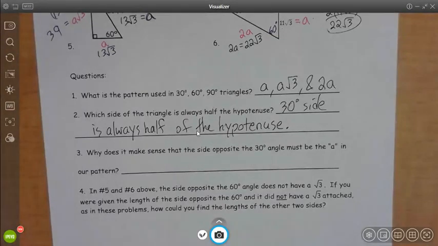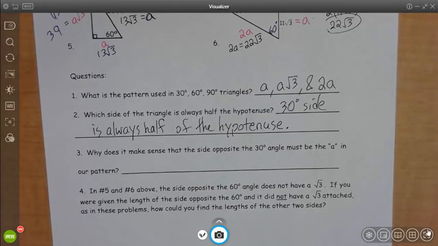Now, number 3, why does it make sense for the 30 degree angle to be A? Well, in any triangle, the smallest angle is going to create the smallest side, as long as you follow along the 2 parts of your angle. So the 60 and 90 degree angles are going to hit larger sides. The 30 degree angle is going to hit a smaller side.